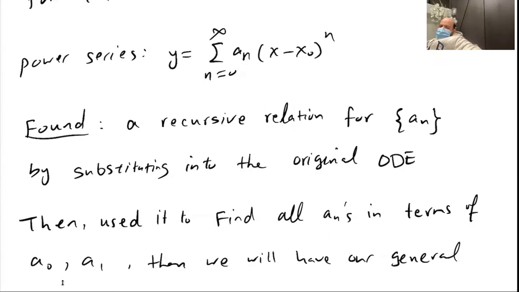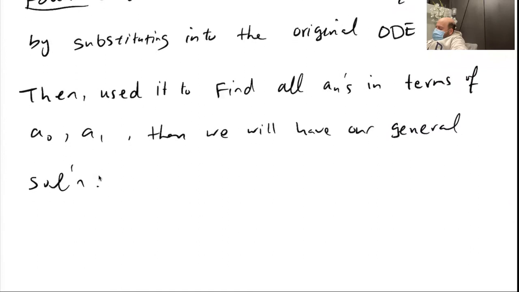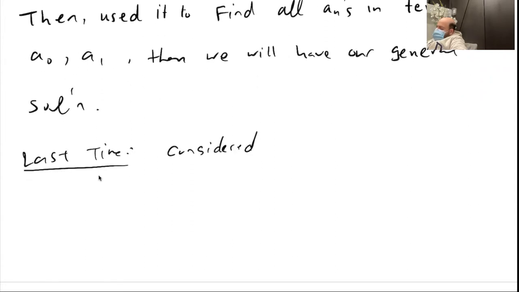In particular, the last example we did last time: we considered this equation y double prime minus 2x y prime plus 2l y equals 0.